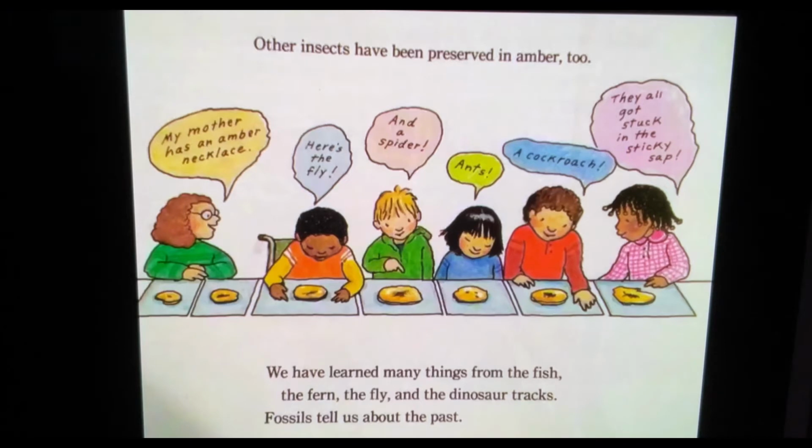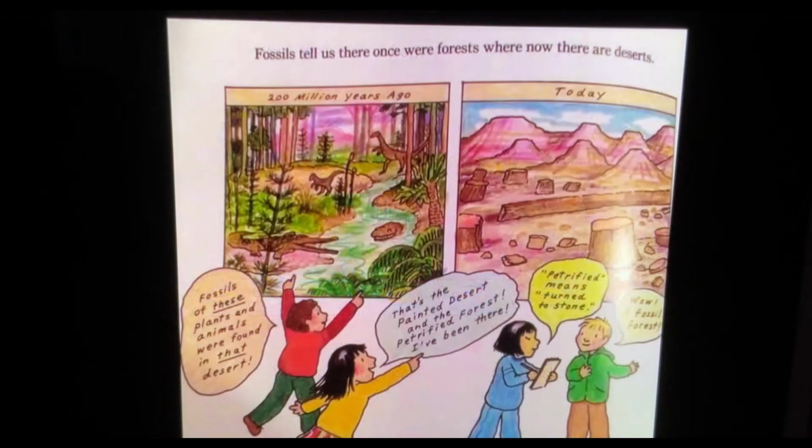We have learned many things from the fish, the fern, the fly, and the dinosaur tracks. Fossils tell us about the past. Fossils tell us there once were forests where now there are deserts.